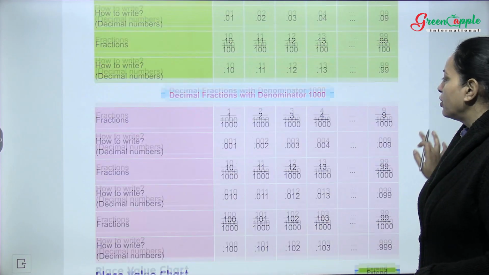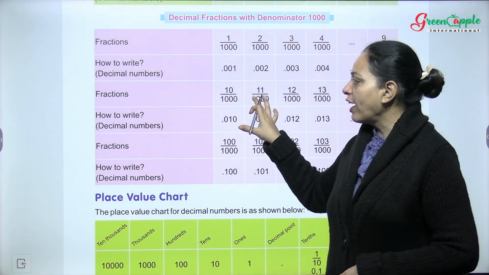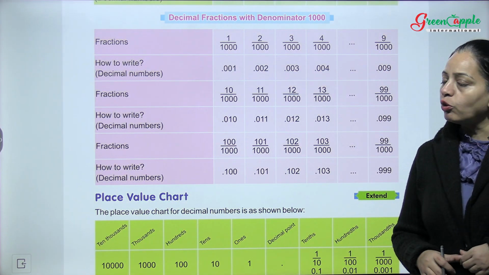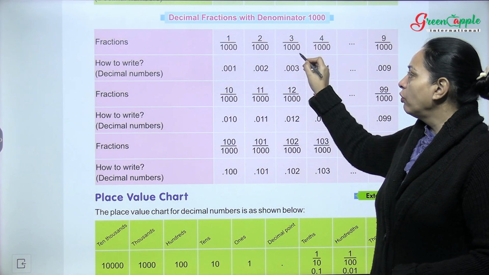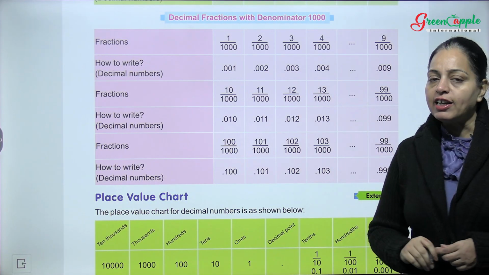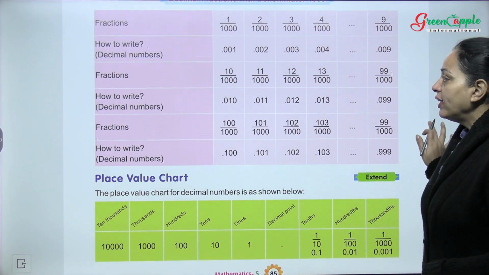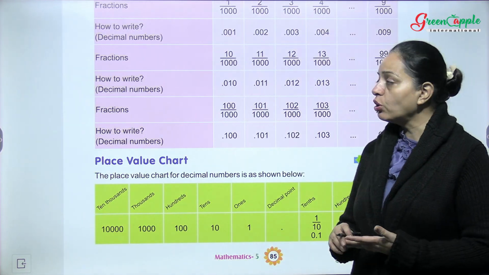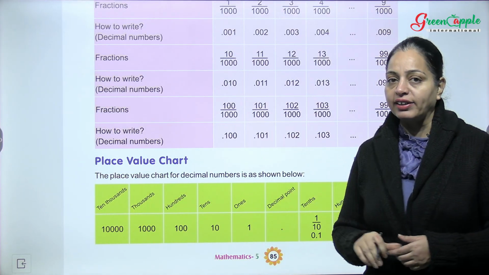Now decimal fractions with the denominator 1000. Like 1 upon 1000, how will you write it? 0.001, 2 upon 1000, 0.002, 3 upon 1000, 0.003, 4 upon 1000, 0.004, and 9 upon 1000, 0.009. Then 10 upon 1000, now we have 2 digits, but we have to write 3 digits. So what to do? We will write 0.010, we put a 0 after the 10, right?